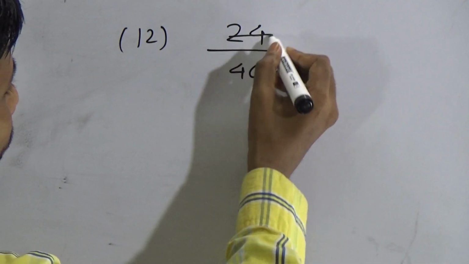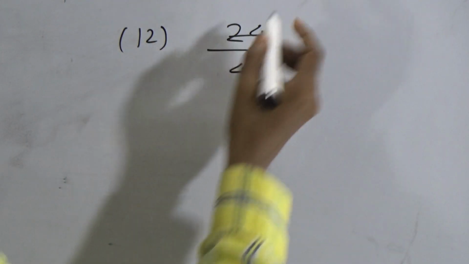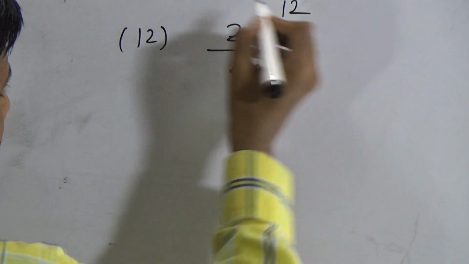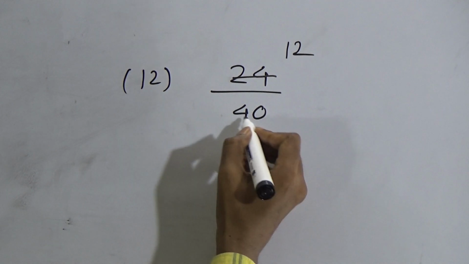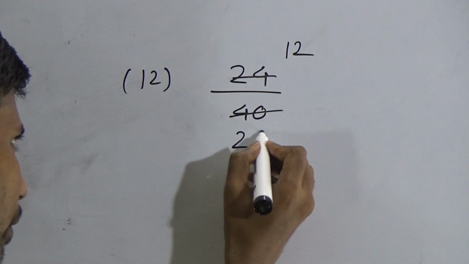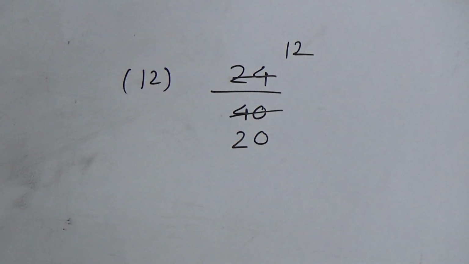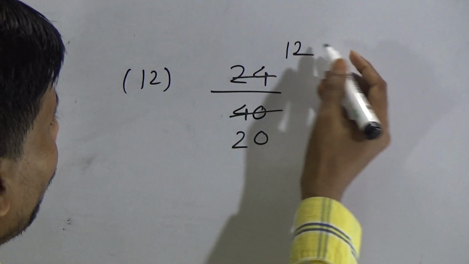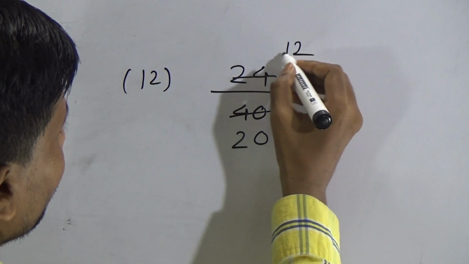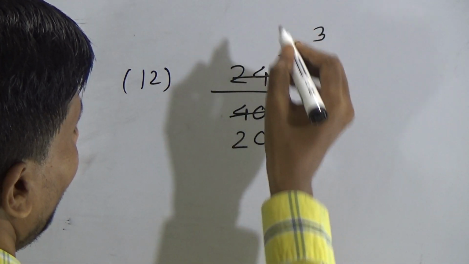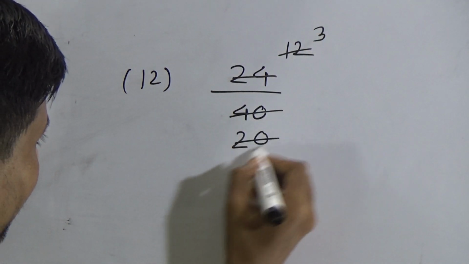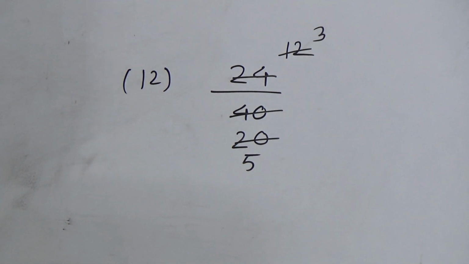If you divide 24 by 2, then you get 12. If you divide 40 by 2, then you get 20. Similarly, if you divide 12 by 4, then you get 3, and if you divide 20 by 4, then you get 5.